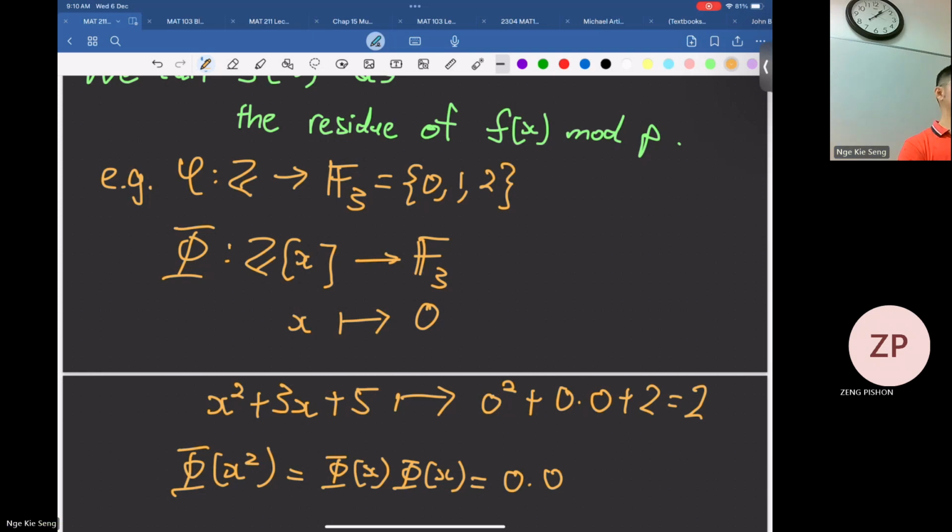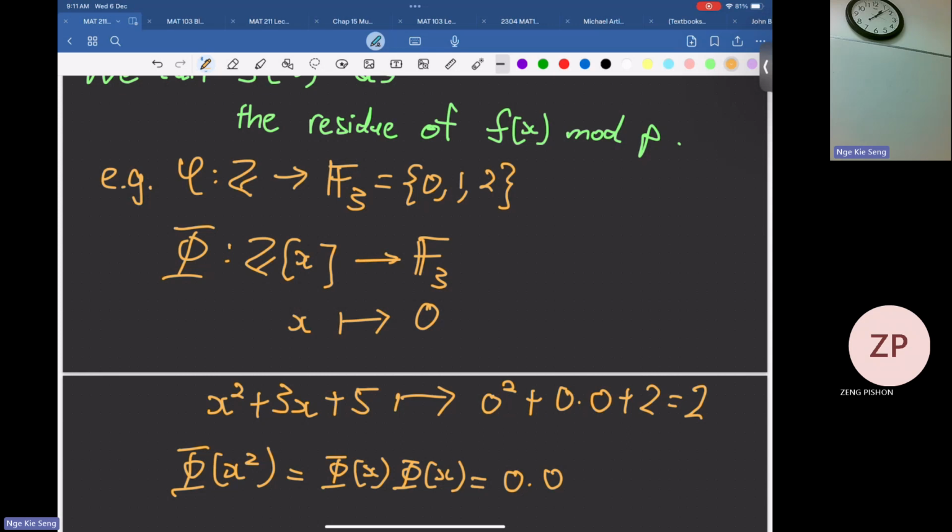Makes sense? But what are you really doing here? You are simply substituting 0 inside here, 0 squared. That's why we call it the substitution principle. But we rephrase the substitution in terms of a ring homomorphism. The result is the same as when you substitute 0 here.